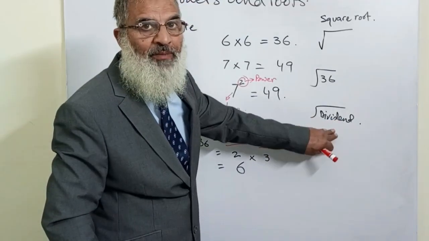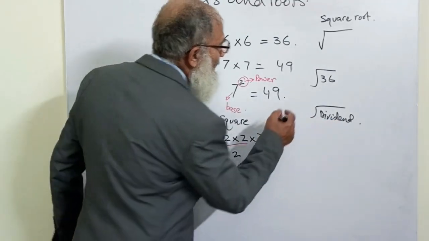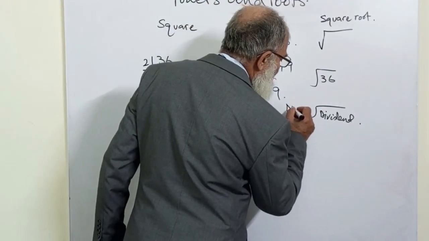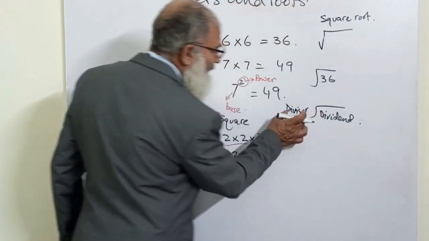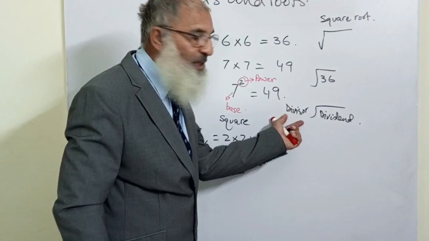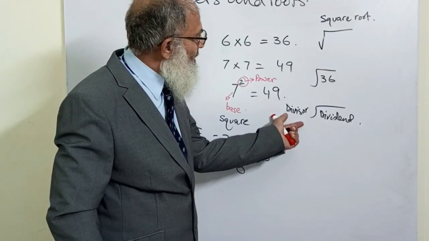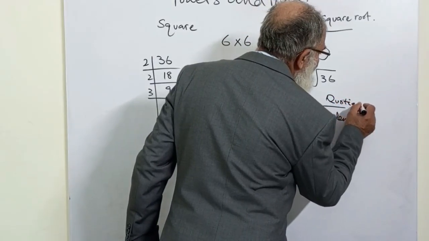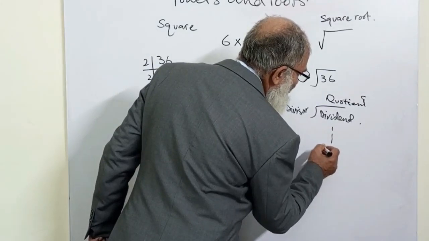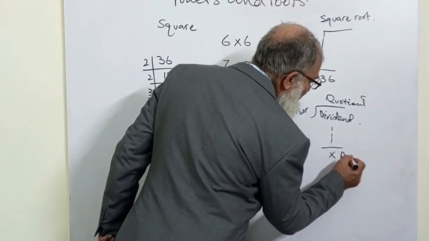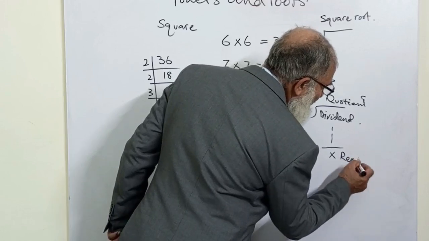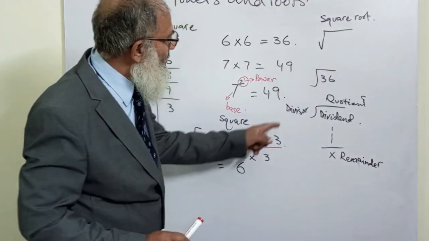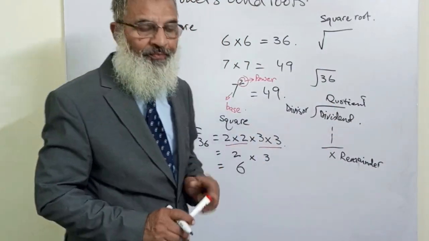The number which is being divided is called the dividend, and the number by which it is being divided is called the divisor. Here you get the quotient, and after that you get the remainder. Now these are the parts of division. There are 4 parts: divisor, dividend, remainder, and quotient.